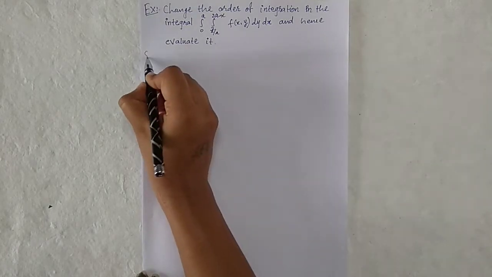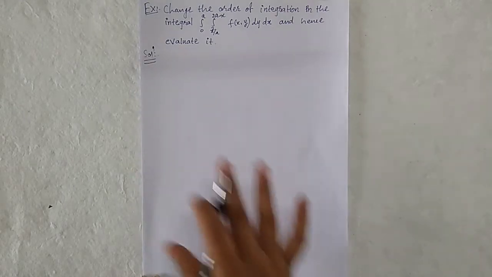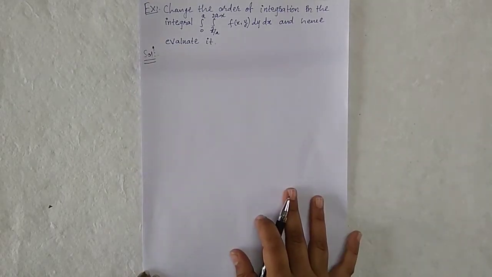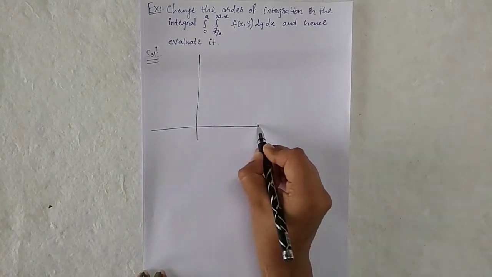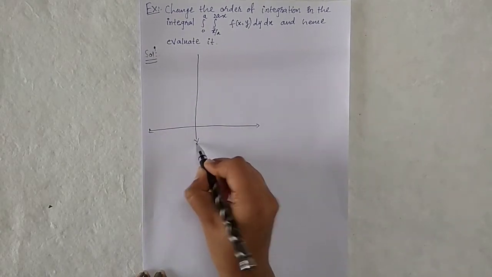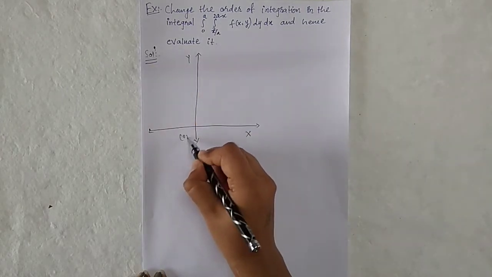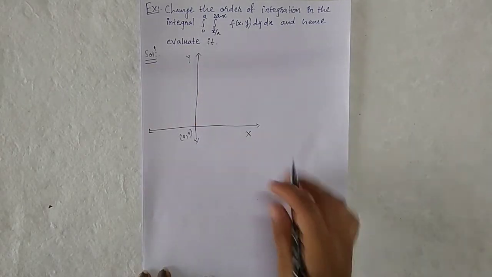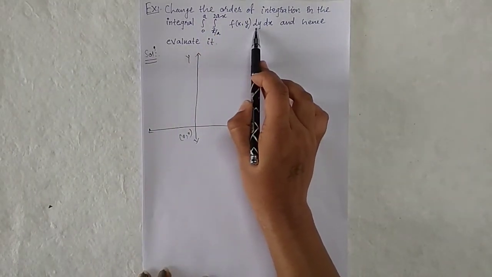Okay, so solution. First we sketch the region. So x-axis, y-axis, origin 0, 0. First we are integrating with respect to dy.